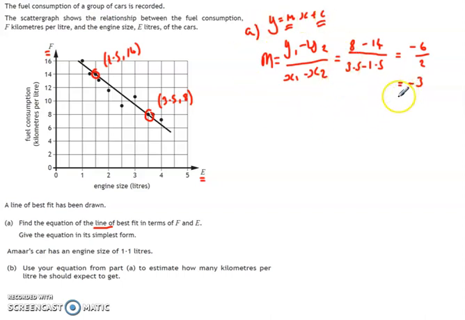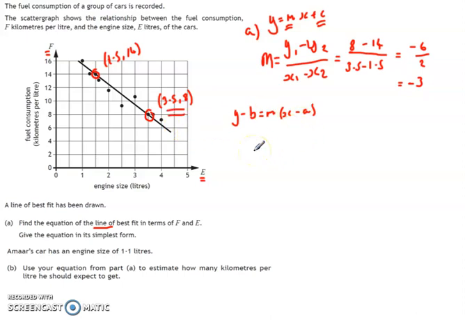What we can then do is one of two ways of calculating this. We could put the gradient back into here, substitute a point in, and then find our c from that. Or we can use a version of the formula, y minus b equals m bracket x minus a, where the a and the b come from just one of the 2 points. Either version is valid, either version should get you the same answer.